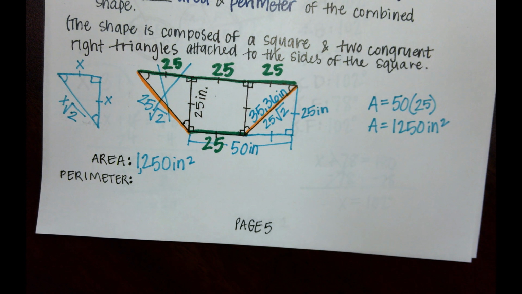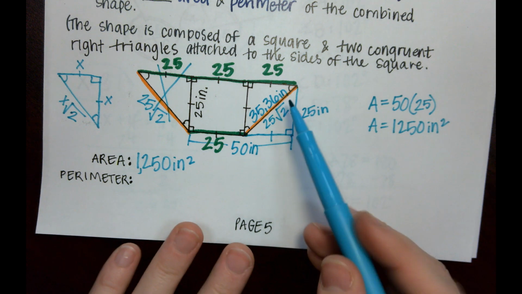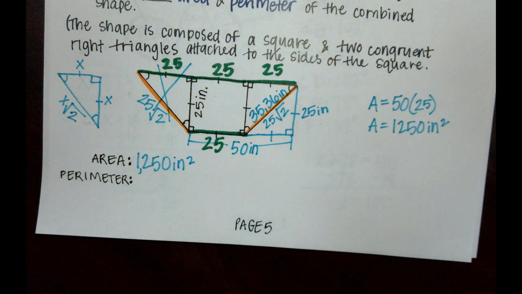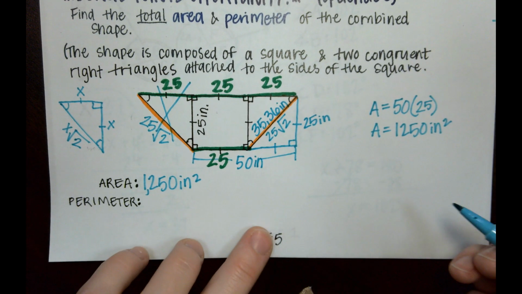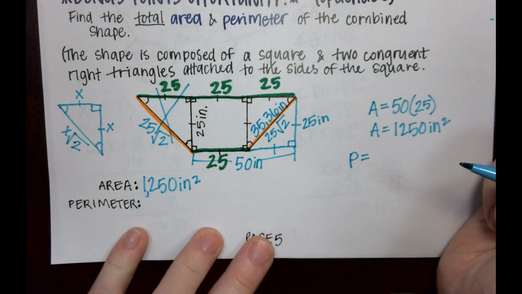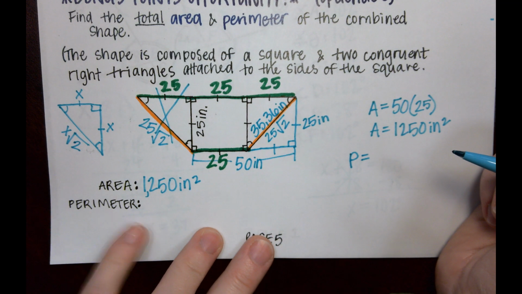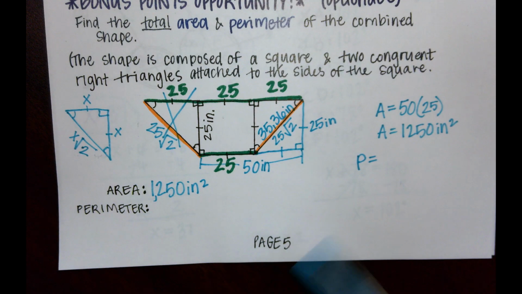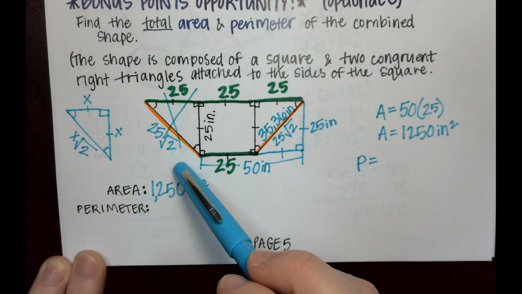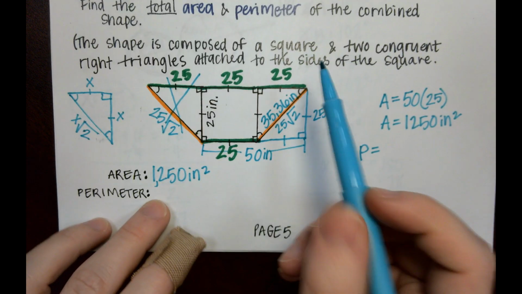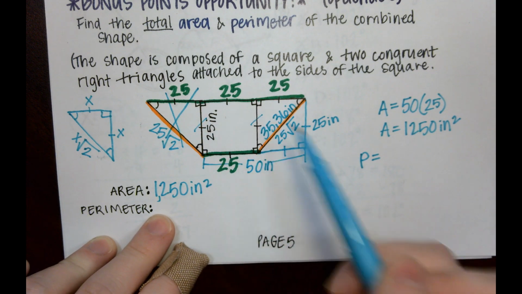And now we need perimeter. And how do we sort of define perimeter? How do we know which sides to use? What is the perimeter? So we don't really have a specific formula here, but if I ask for the perimeter, you're really just adding them all up. But do I include my sides that are on the inside?